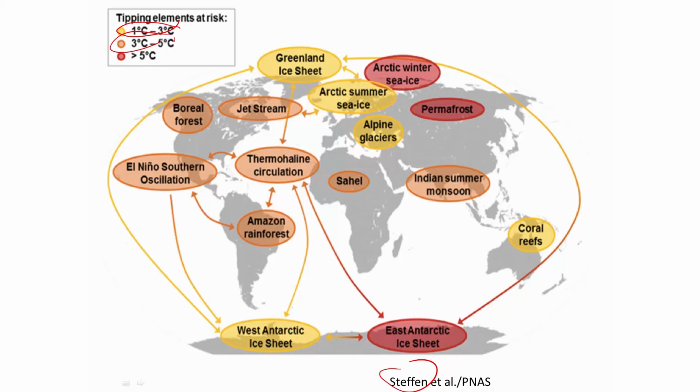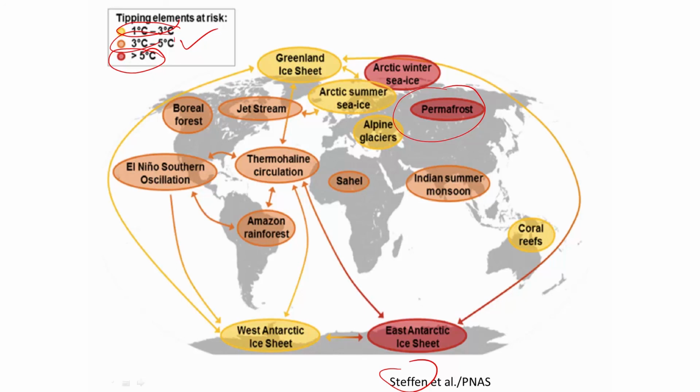So with 1 to 3 degrees centigrade, Greenland seems to become a tipping point, which would affect the thermohaline circulation for sure because of the impact on deep water formation. Boreal forests will become victims at 3 to 5 degrees. Arctic sea ice and winter ice will completely disappear if we go beyond 5 degrees centigrade, and permafrost will most definitely thaw completely if we warm that much, and that has huge potential to release methane and carbon dioxide.